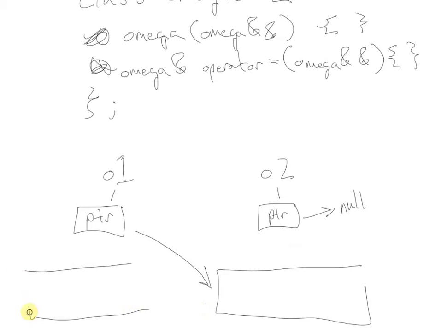That explains move semantics. And now we're going to get into perfect forwarding. Let me get a fresh layer here.